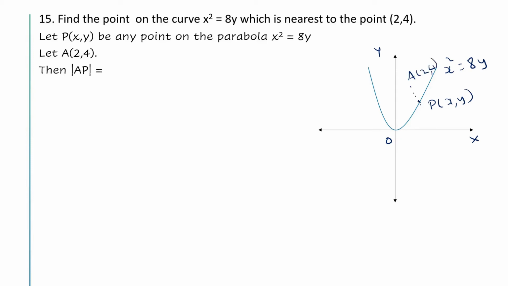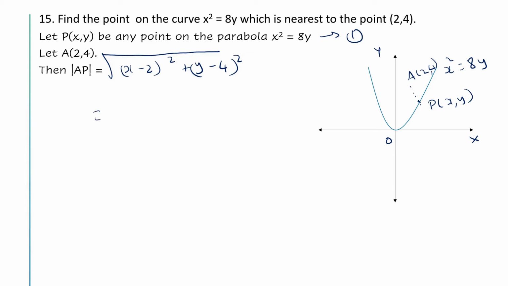So now we have to find the least distance AP. Then we know that AP is equal to under root x minus 2 the whole square plus y minus 4 the whole square. Let us take this given equation as 1.